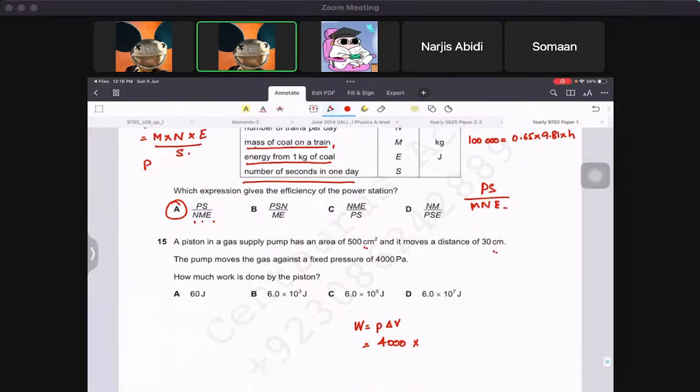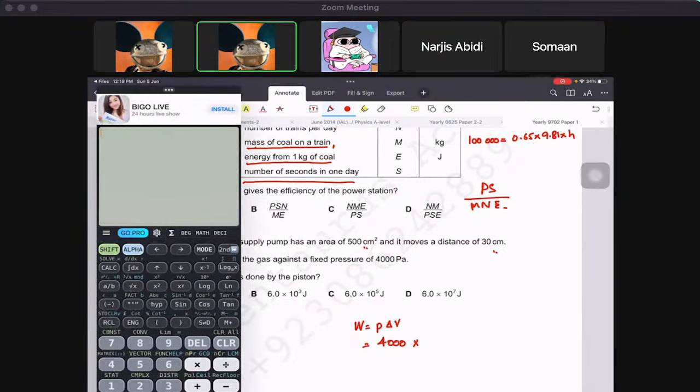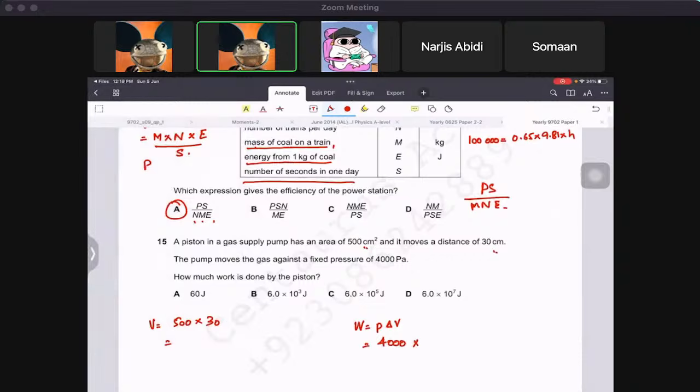So we can find the volume first, it doesn't matter. 500 times 30 would give us the volume. So that's 15,000 centimeter cube. Okay, now 1 centimeter is equivalent to 10 raised to minus 2 meter.